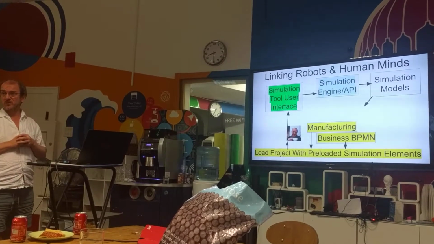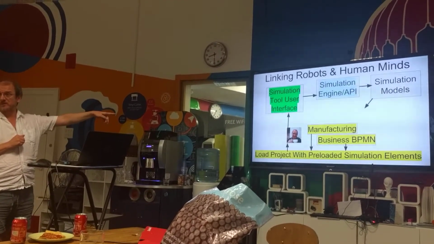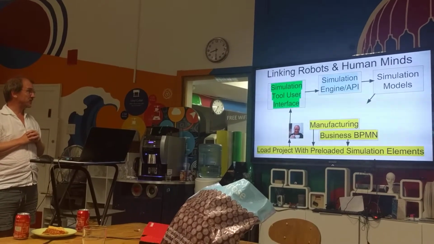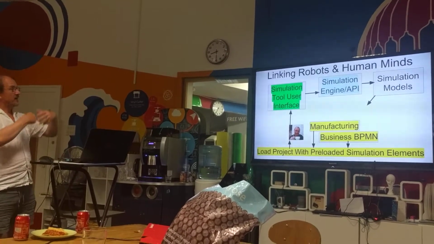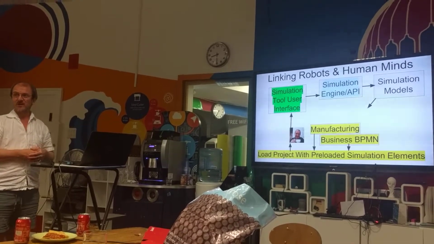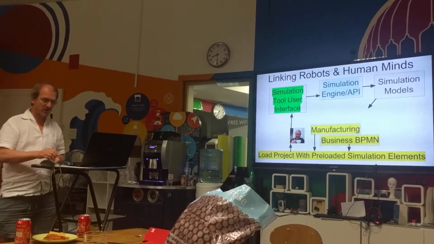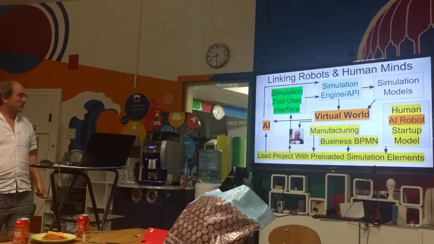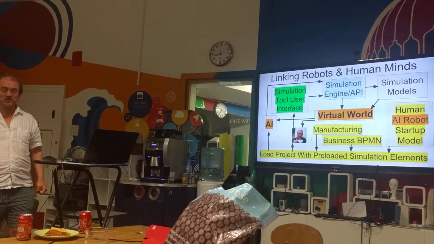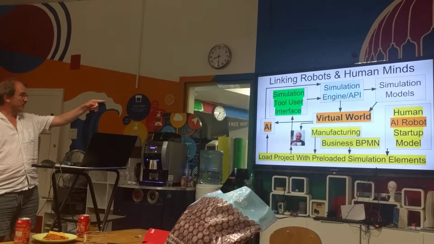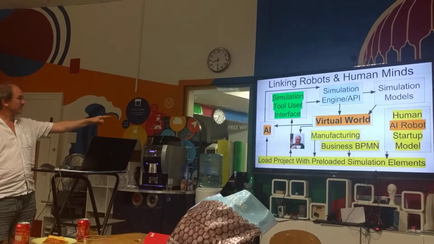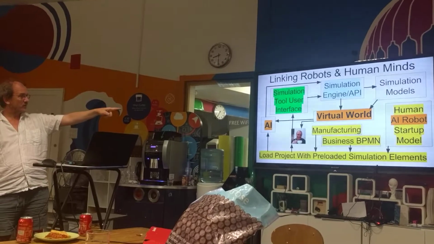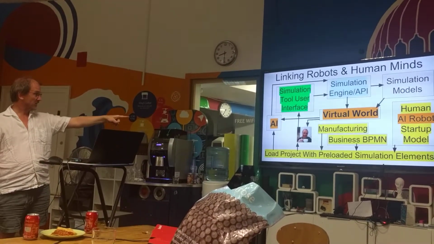And you've got a human user, a tea drinking Englishman, that's me, using a simulation tool user interface, going into this simulation engine, producing simulation models, going off somewhere to be applied in some useful manner. Well, you could plug these simulation models into a virtual world, and you could plug the virtual world into an AI, and you could have the AI feeding directly into your simulation engine, and you could have a human and AI robotic startup model.